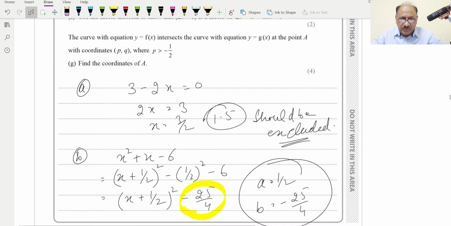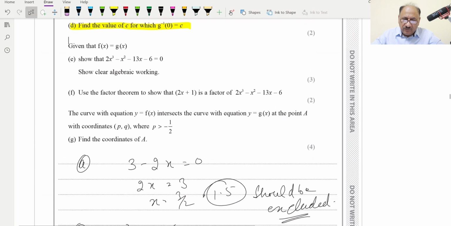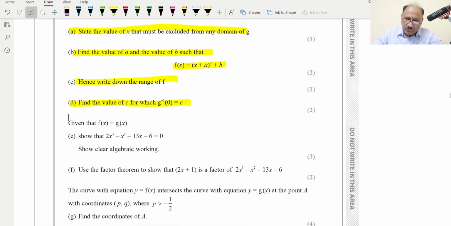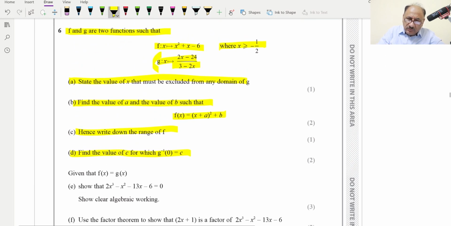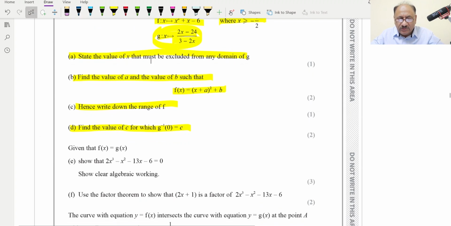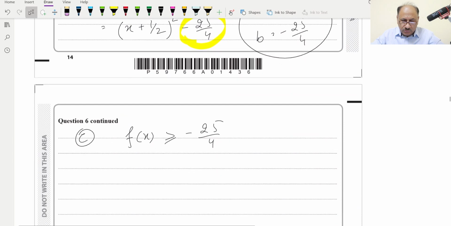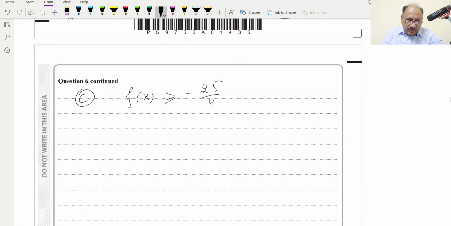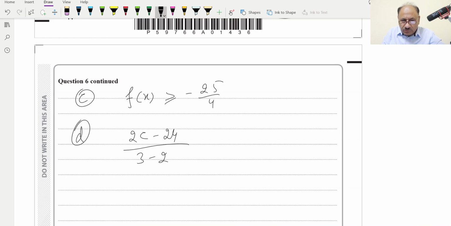So in this g of x, 2x minus 24 over 3 minus 2x, we write this as 2c minus 24 over 3 minus 2c and put equal to 0.